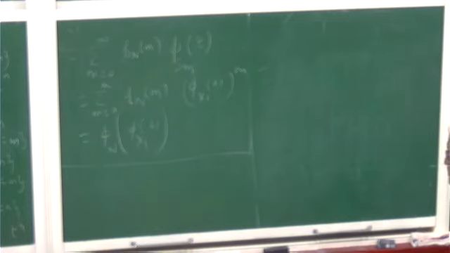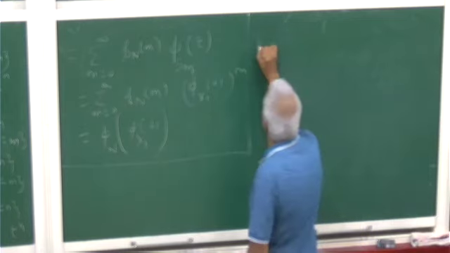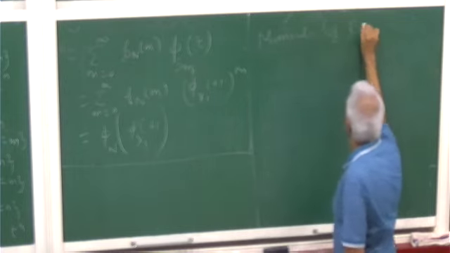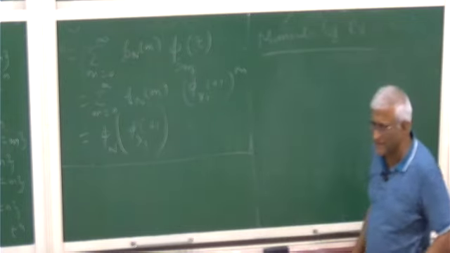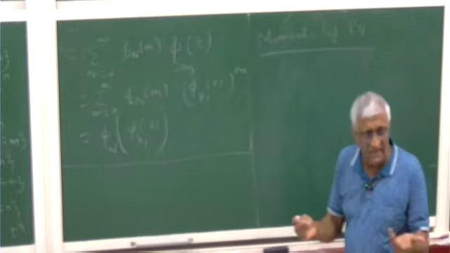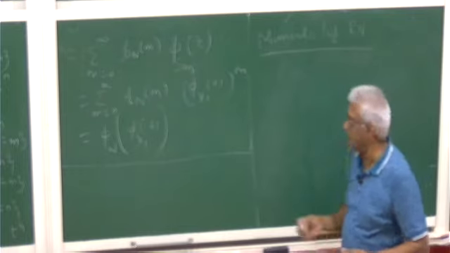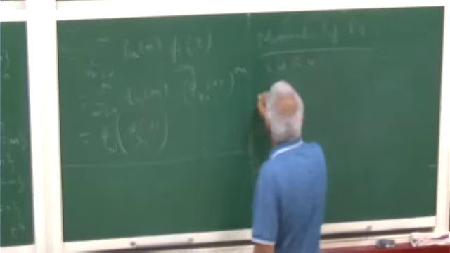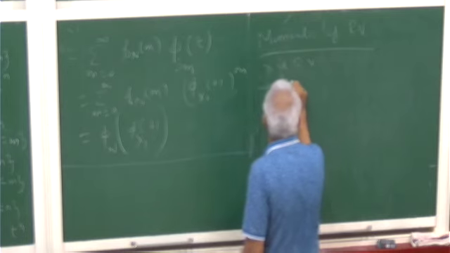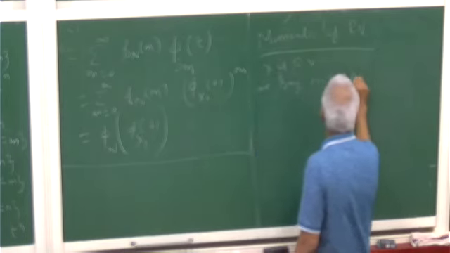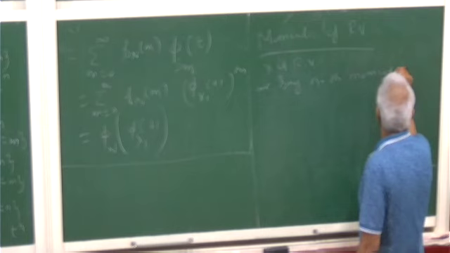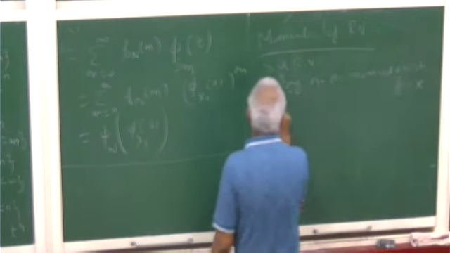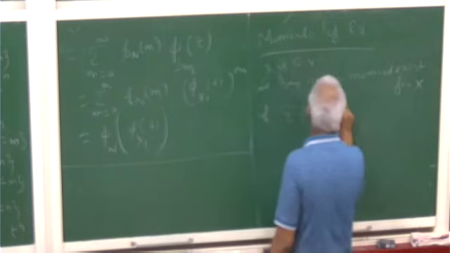So now we want to start something new, which is called moments of a distribution, moments of a random variable. Expectation is the first moment, and the nth moment is E of X power n. So X is a random variable. Then we say the nth moment exists for X if E of mod X power n is less than infinity.